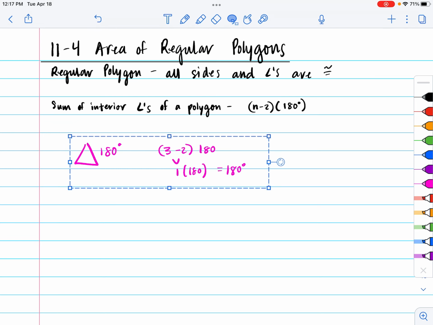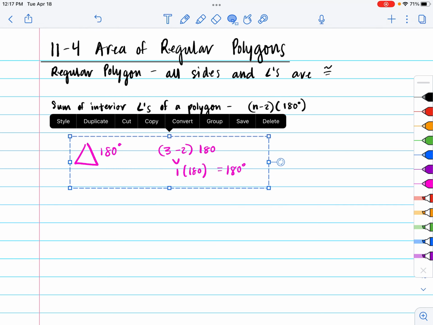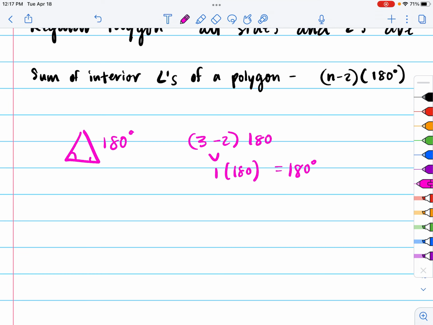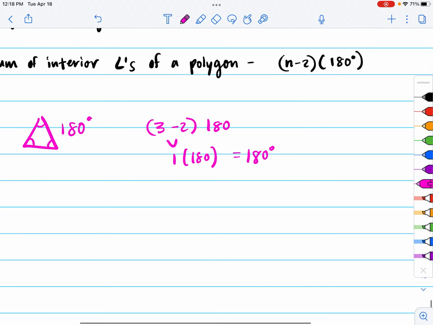Now, let's say it's a regular triangle. That means all of the angles in this triangle are congruent, and we already know there are 180 degrees. We use this formula and we already just knew it.